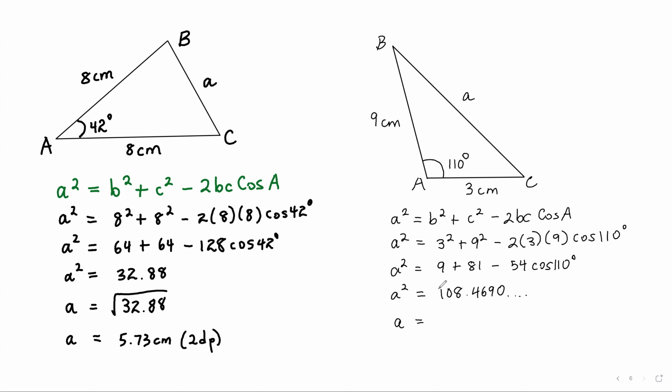So A would be the square root of that, which is 10.4, or 10.41 if we're taking it to two decimal places. So it's much easier to find a side than it is to find the angle. But honestly, once you do your correct steps, you're going to be fine.